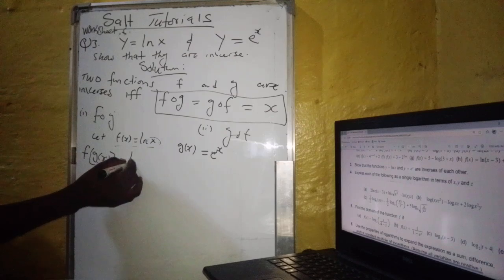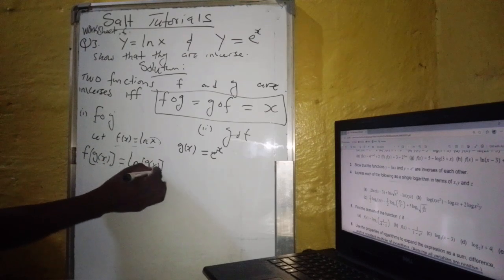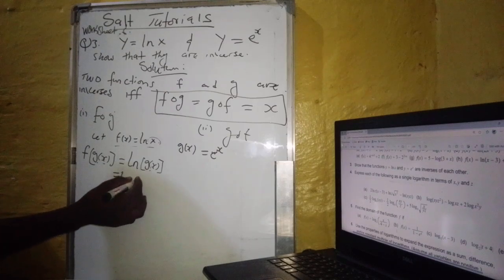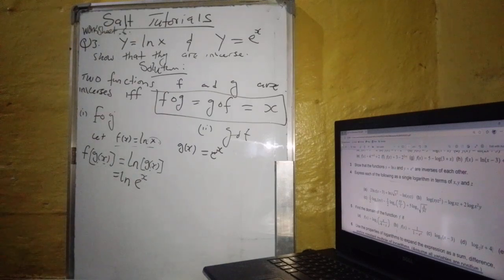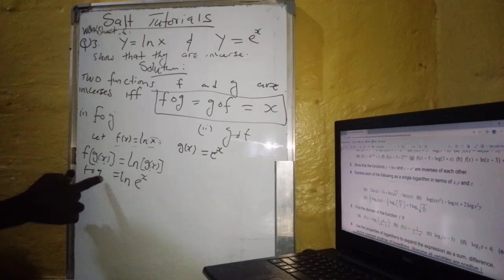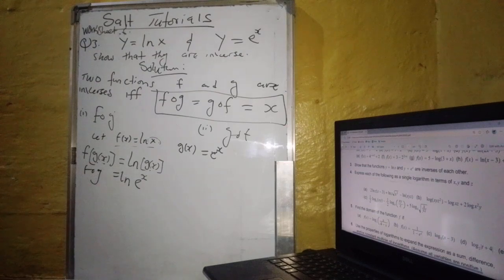So this is the natural log of g of x, and g of x is e power x. So f of g of x equals the natural log of e power x. What am I going to have here?